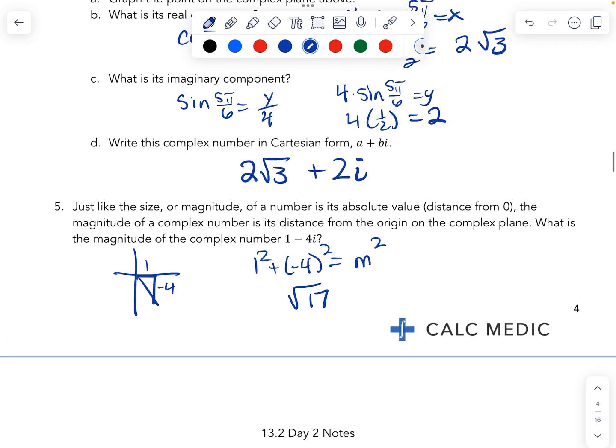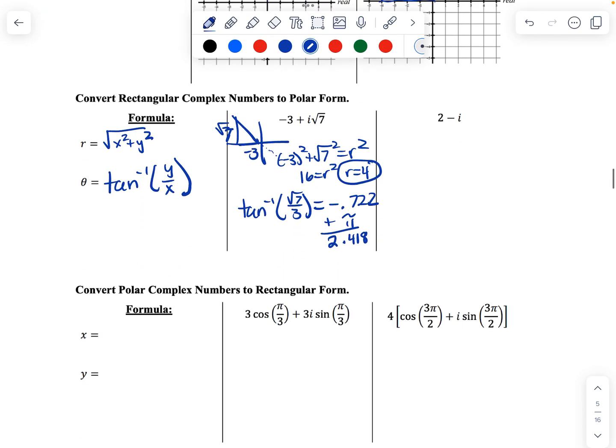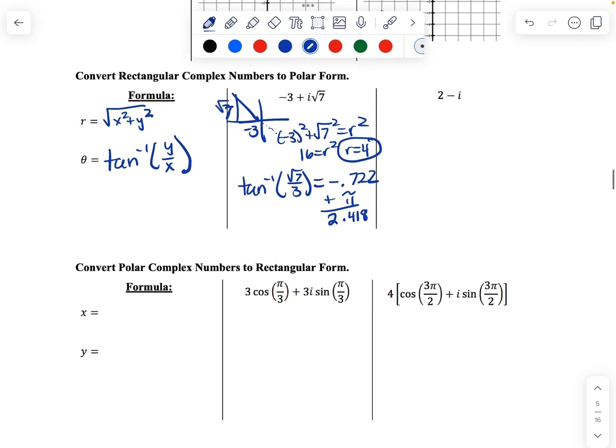All right. So then the way that we write this in complex polar form here, okay, is r times our cosine of theta.